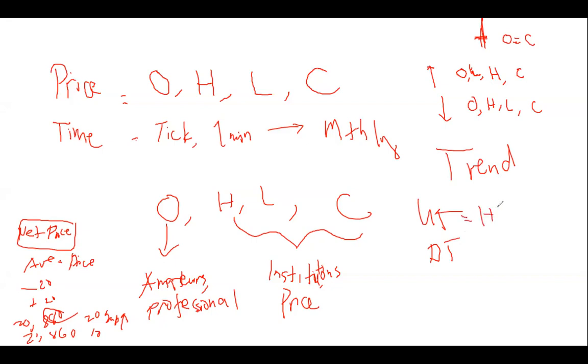An uptrend is a series of higher highs and higher lows, and a downtrend is a series of lower highs and lower lows. They are now highly objective, meaning you can't make things up.